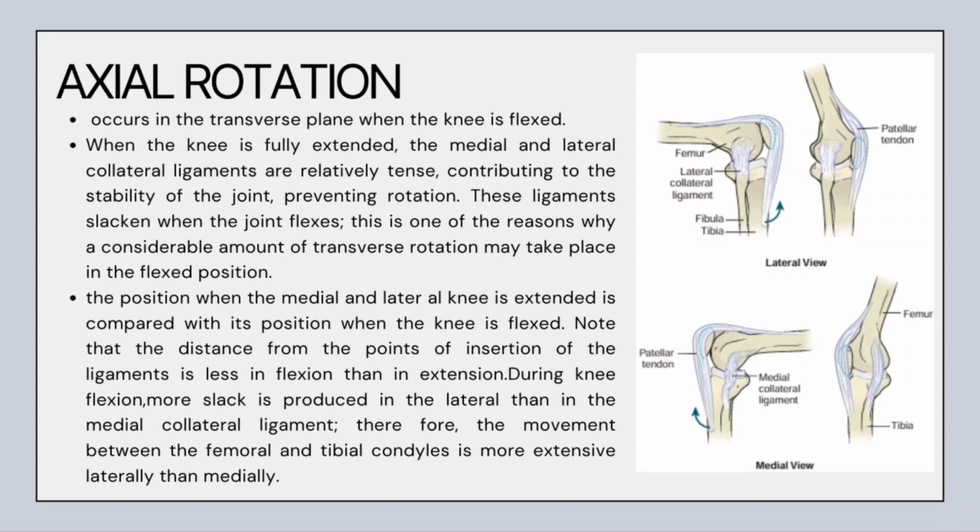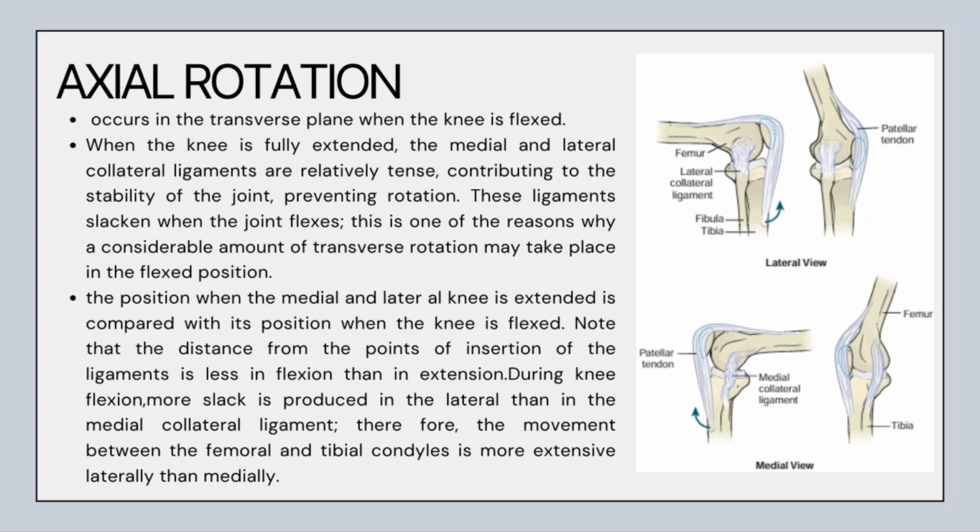So, kapag yung knees natin is fully extended, yung medial and lateral collateral ligaments natin is tense, kaya hindi siya makakapag-rotate. Kapag naman knee flexion tayo, yung ligaments na yon is imbis na magte-tense, mag-i-slack siya, parang luluwag siya. Kaya possible na yung transverse rotation may take place in flexed position.